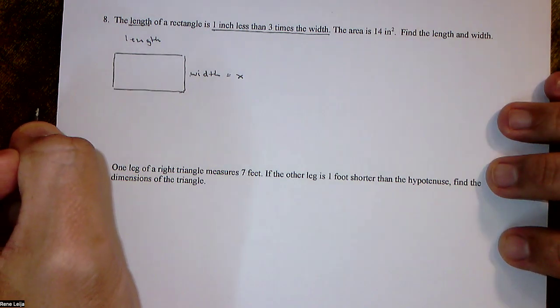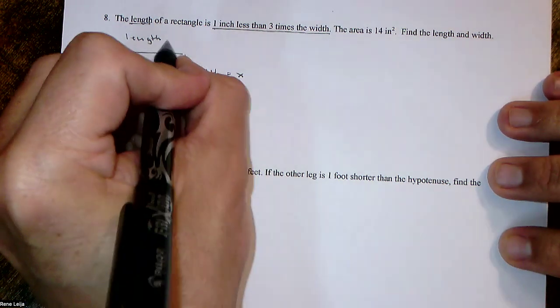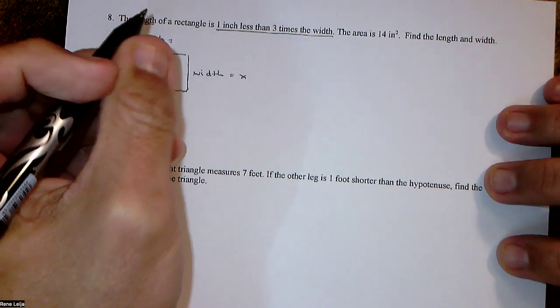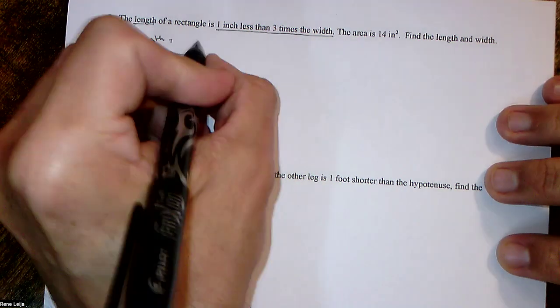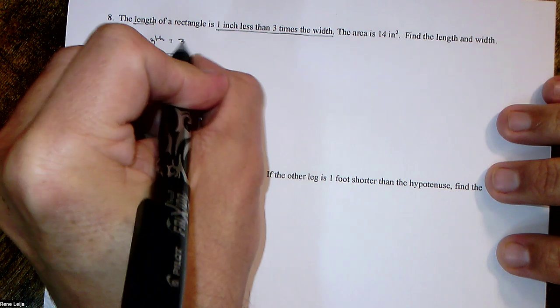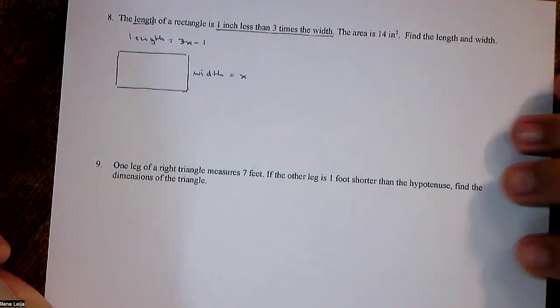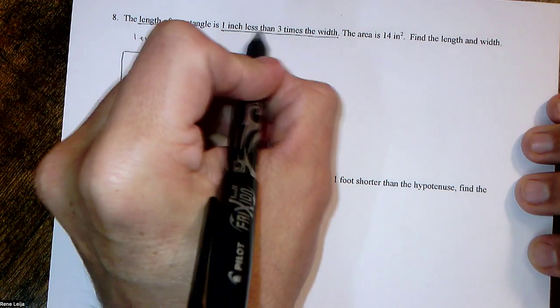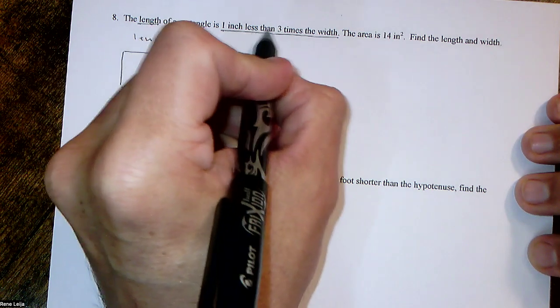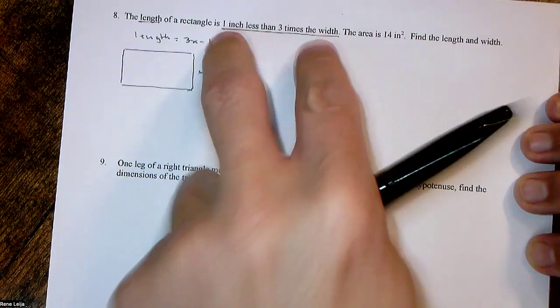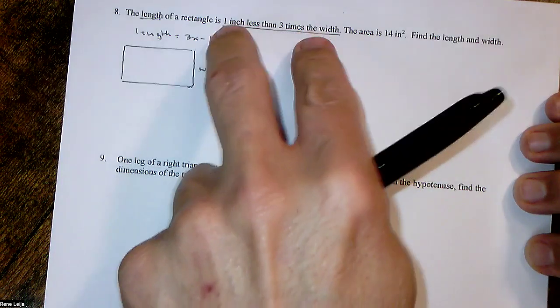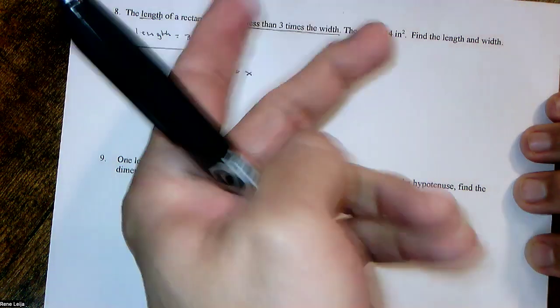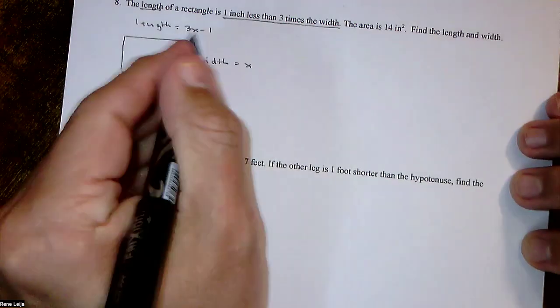So the width is going to be x. Now the length is 1 less than 3 times the width. So this is going to be 3x minus 1. Okay? Because the phrase less means subtract, than means that you flip this order, the 1 and 3 times the width. You flip it. And that's what we did.